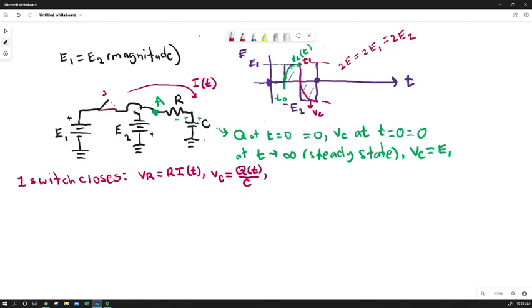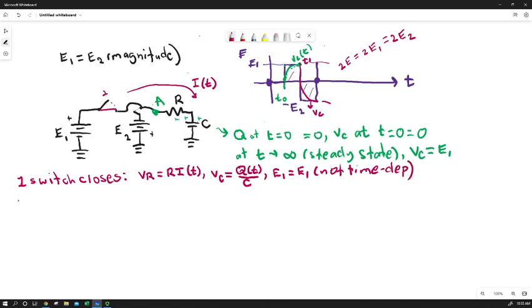And we know that E1, we're going to assume this is a perfect voltage source, so E1 is equal to E1, not time dependent. That stays the same. Not a function of time.